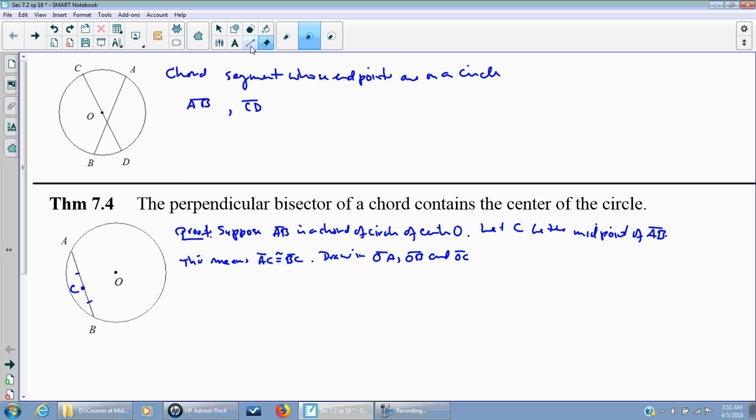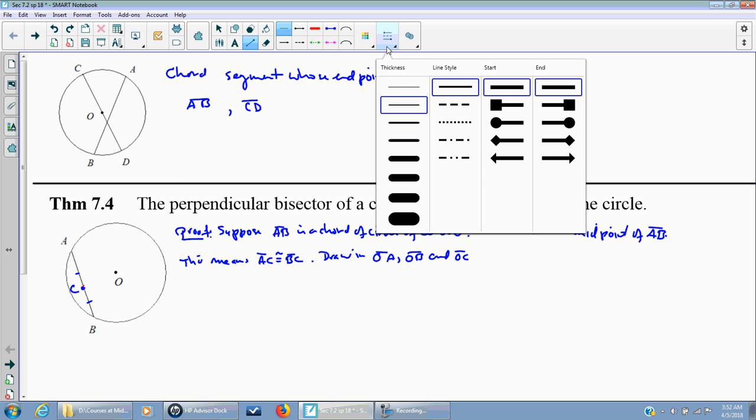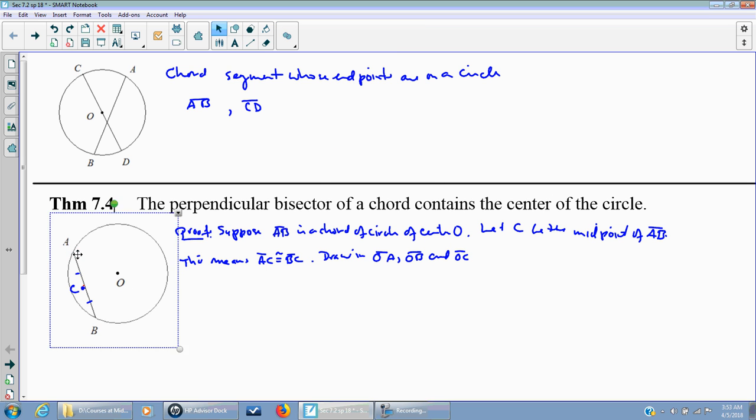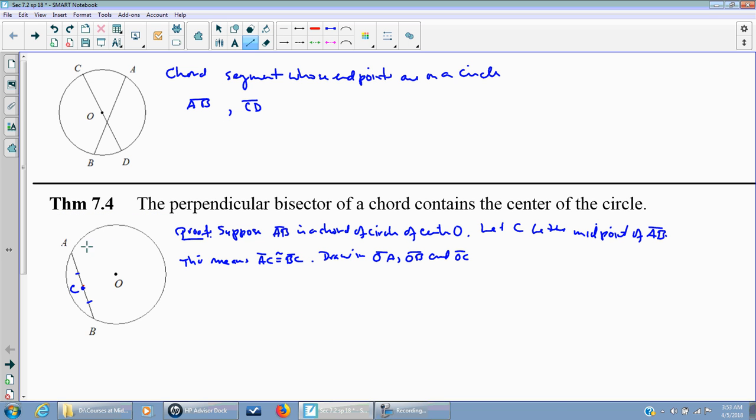Let's make it that way, and let's make it blue as well. So OA, OB, and OC.